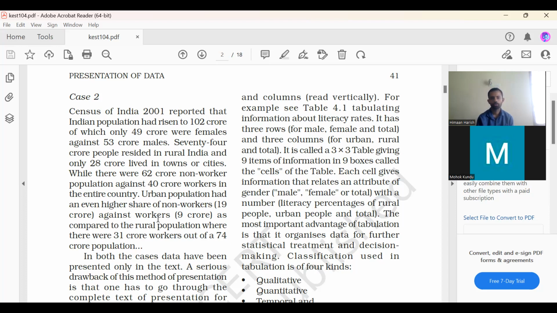And probably the male female ratio has also equalized more recently than in 2001. And as per UN projections, India is going to be the world's most populous country, surpassing China.